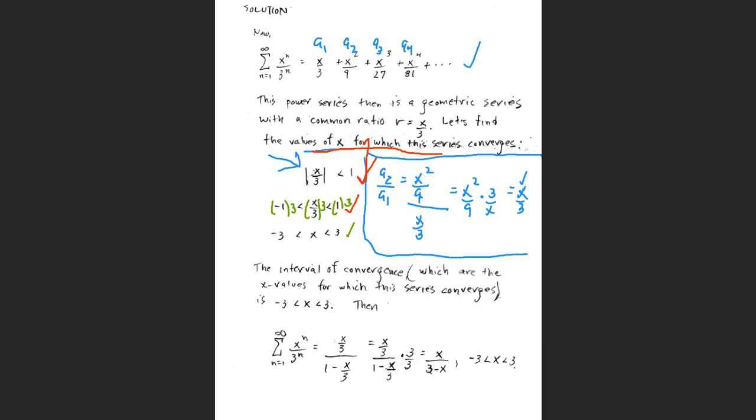So this tells us what is called our interval of convergence. Those are the x values for which the series converges.